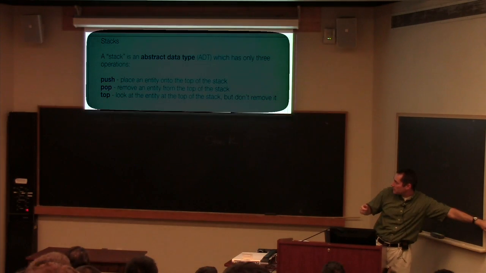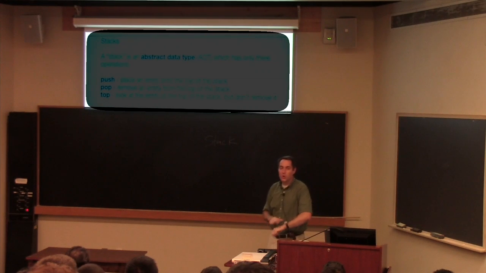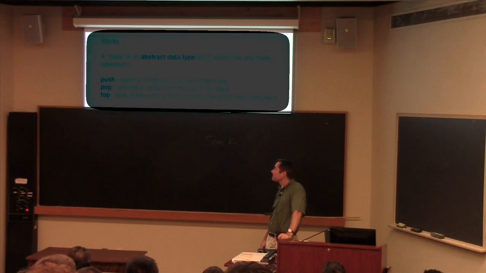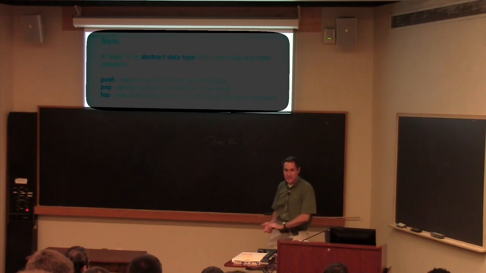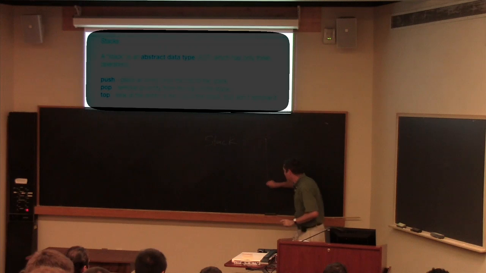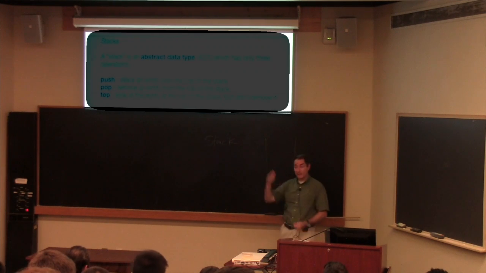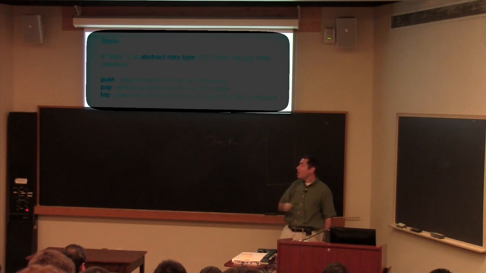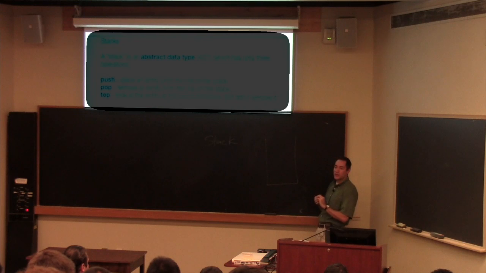All right. And there are 3 things you can do according to this abstract data type. You can push onto the stack. What that means is you can place an entity onto the top of the stack. Now, we're going to model stacks up and down. You can model them using an array from left to right as well, but we're going to model them up and down because that's normally the way we conceptually think of them.